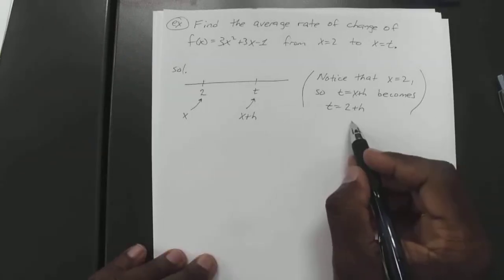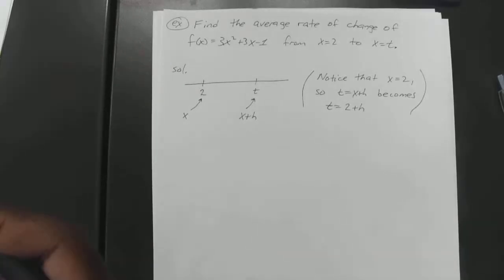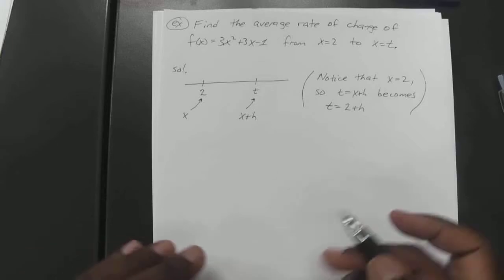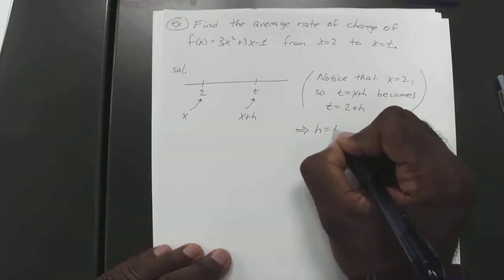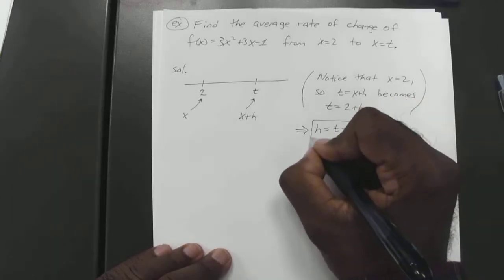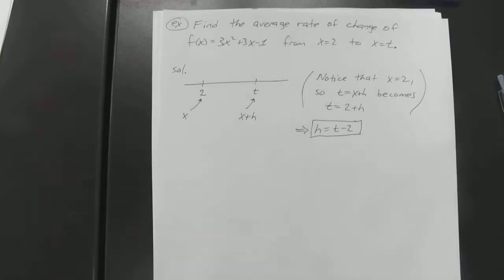If t equals 2 plus h, then h is equal to t minus 2. So we solve for our h.